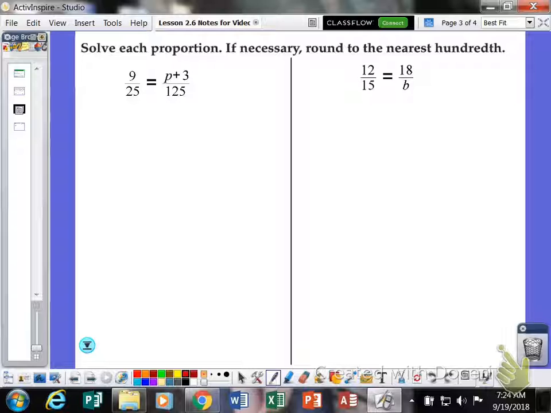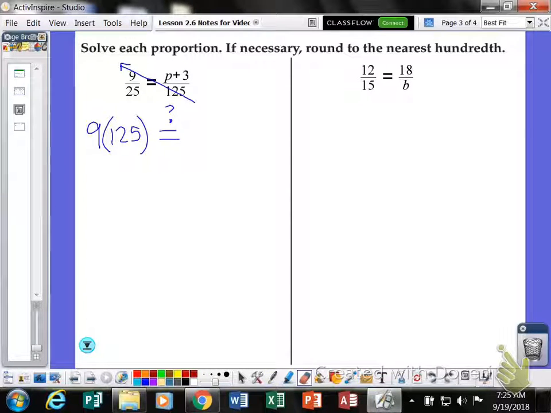Solve each proportion. Okay, so now we want to solve for that unknown variable. What do we have to add to 3 to make this an equivalent or a true statement, so to speak? So again, we use those cross products to see. That really helps us. The first thing I want to do is multiply this way. So I'm going to take 9 times 125. I'm going to set that equal, and it will be equal in the end because we're trying to solve for that variable.